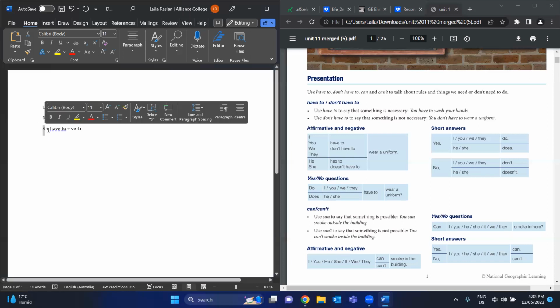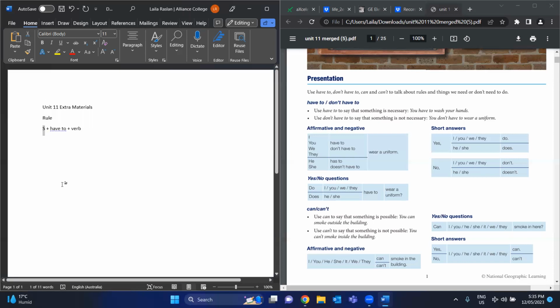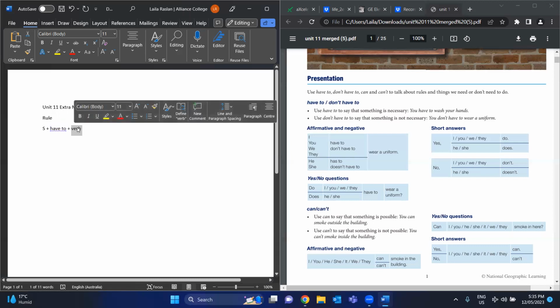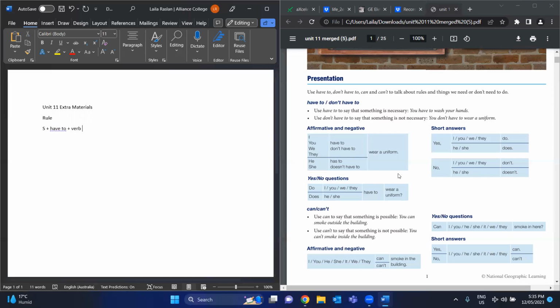So we have a subject and it works for all the subjects. I, you, he, she, it, we, they, have to, verb. So don't forget, have to, verb. And if we want to make the negative, we just say don't, but that's only for I don't have to, you don't have to, she or he or it doesn't.